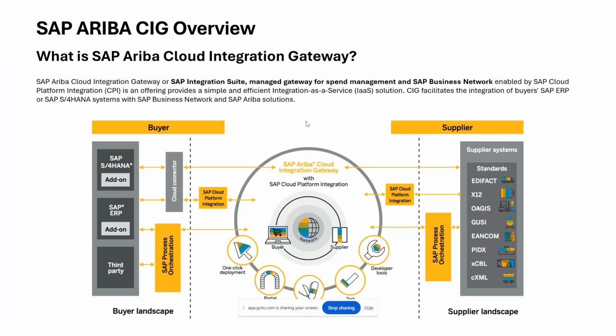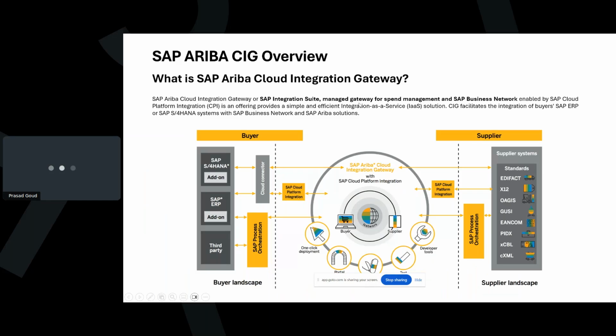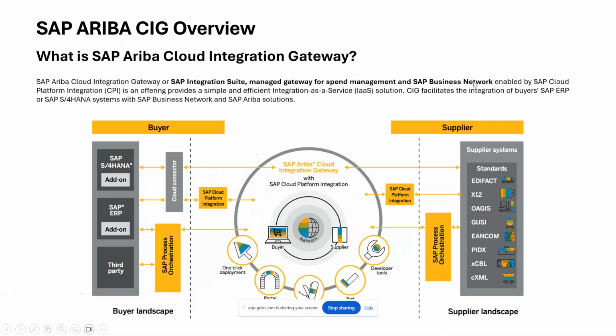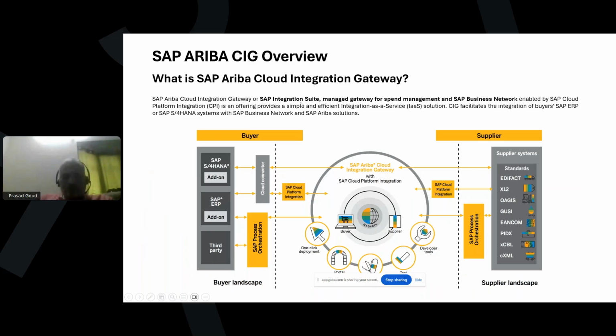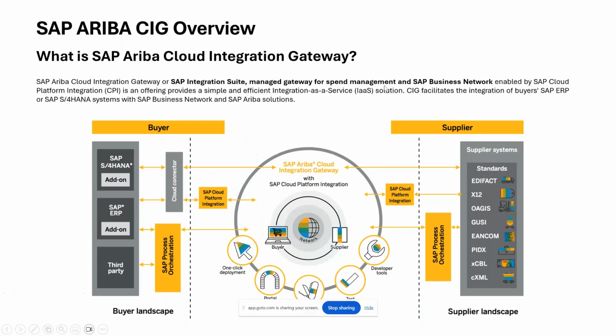So what is exactly CIG? As I mentioned, it is Cloud Integration Gateway, but SAP rebranded it to SAP Integration Suite, Managed Gateway for Spend Management and Business Network. This is a very big name, but we can still call it Managed Gateway for Spend Management, or simply CIG.